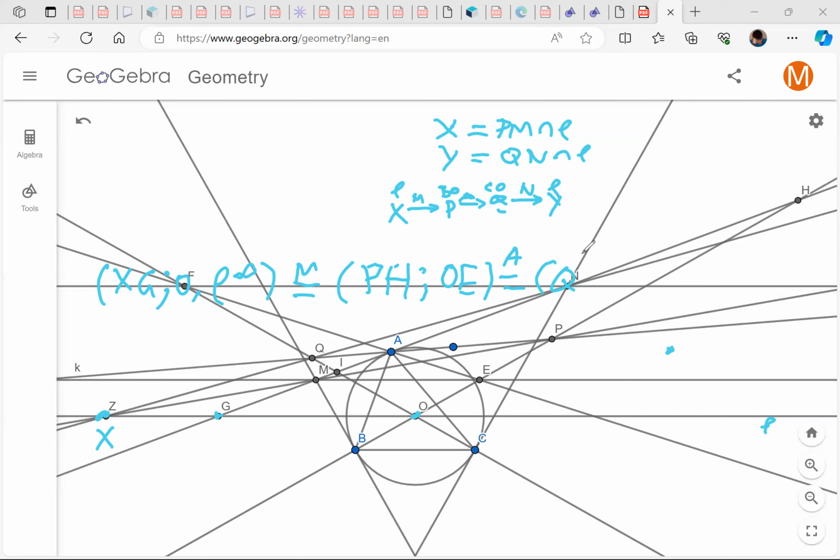Wait, what is, okay? So H goes through A to I. O, F, and then finally through N it goes to Q. Okay, Q goes to Y through N. Wait, and then I goes to G again.